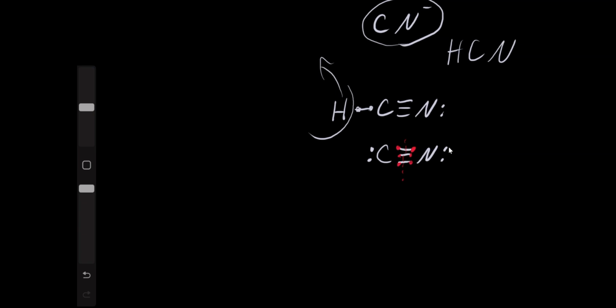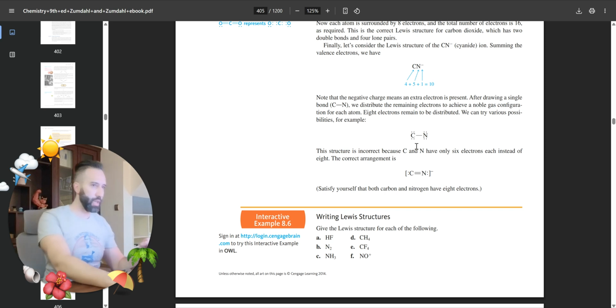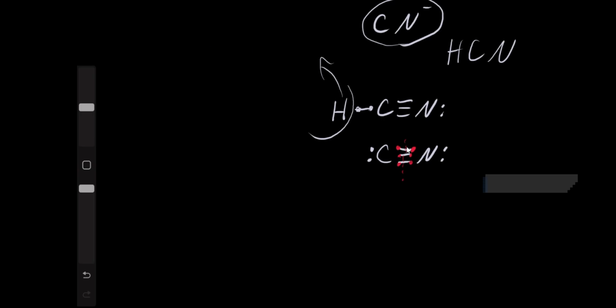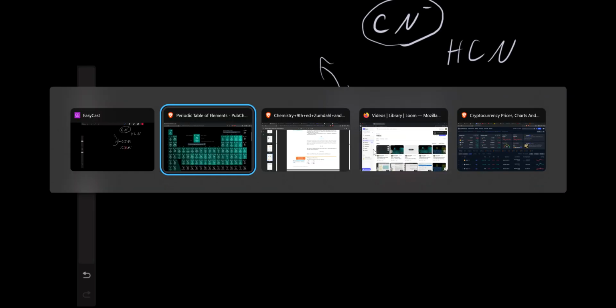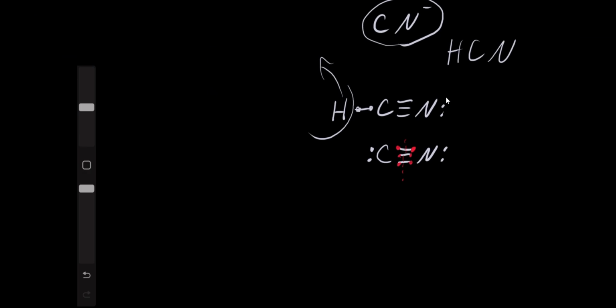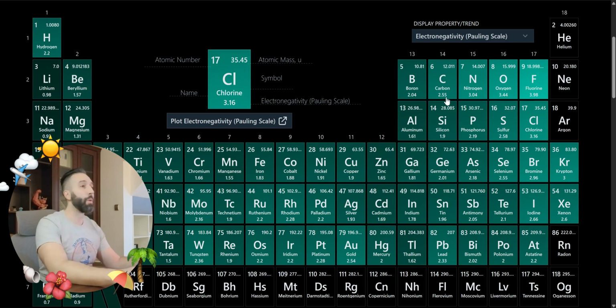I've got 1, 2, 3, 4, 5 electrons on the side of nitrogen. Nitrogen is group 5, so nitrogen having 5 electrons is fine. However, if I look at the carbon side, 1, 2, 3, 4, 5 electrons on the carbon side, but carbon needs to have only 4 electrons. So there's one more electron on the carbon side, so that means that this minus is going to be on this side. So there's a minus on carbon because there are too many electrons around it.